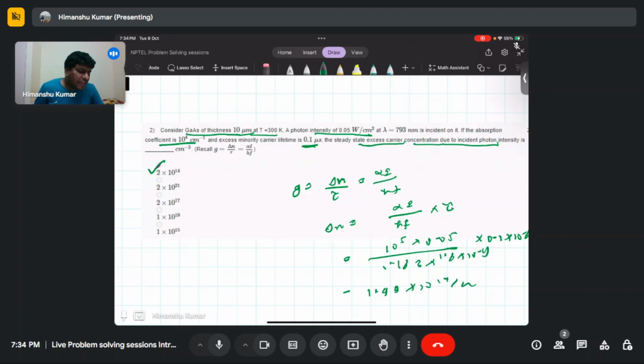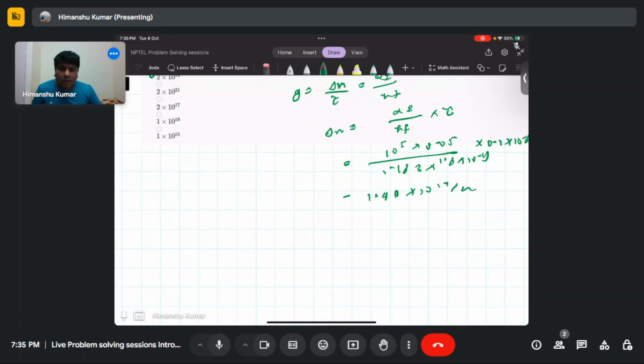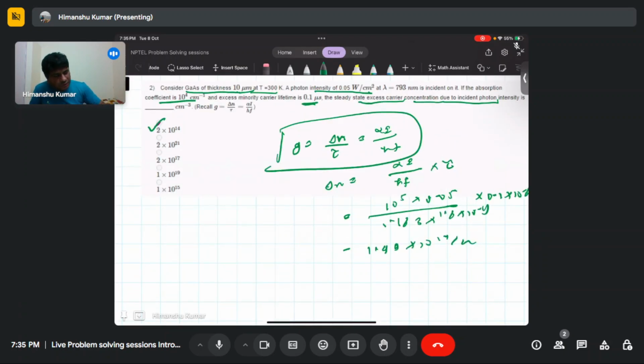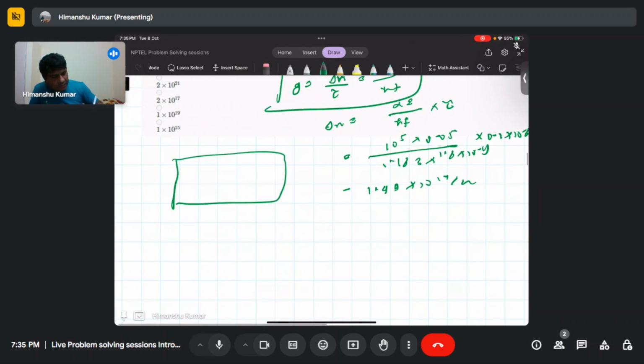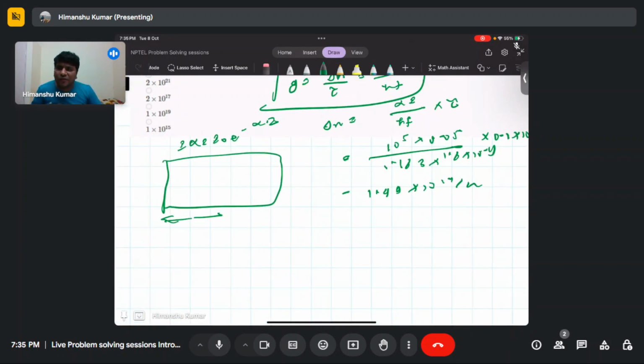To derive this formula, you know that the intensity at a particular location is given as I naught times exponential of minus alpha z. If you integrate this intensity equation throughout the length and multiply by the area, you get the total number of photons absorbed by this piece of semiconductor.